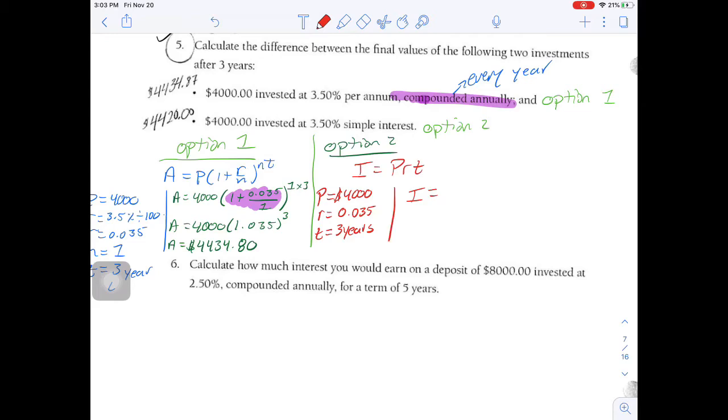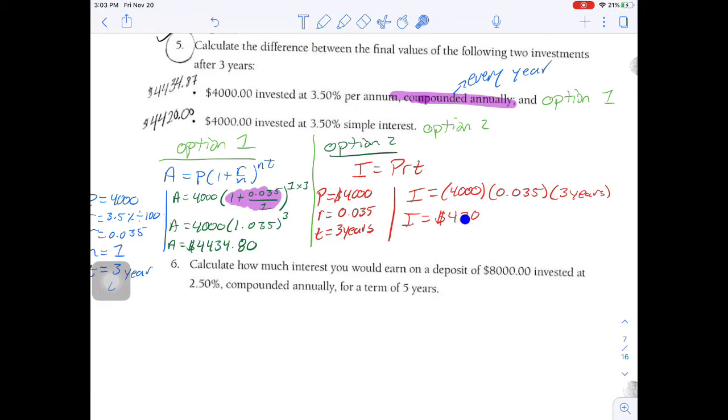And remember, this doesn't tell us how much we have after 3 years. This tells us how much we've made. So I'm going to do 4,000 times 0.035 times 3 years. And that will end up giving us $420. Okay, but remember, this is how much interest we've made.